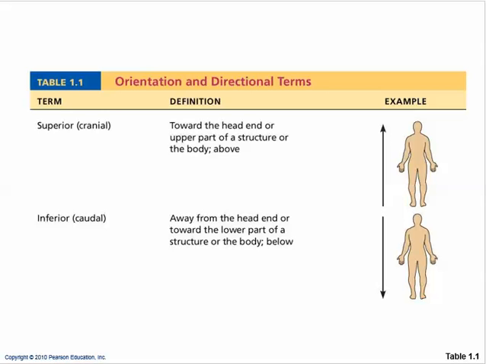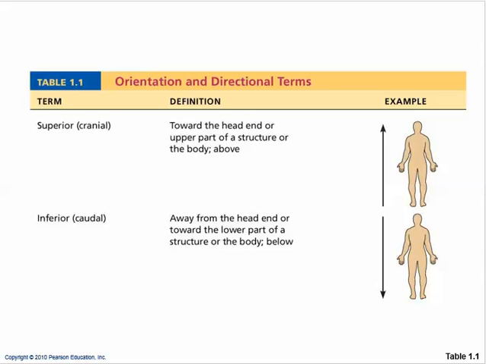Sometimes we say cranially, and sometimes we say cephalad. Cephal is Greek for head. Cranium is head. Superior is above. So towards the head. If you're going downwards, it's inferior, or caudal, which caudal means tail. So moving caudad is moving towards your tail.